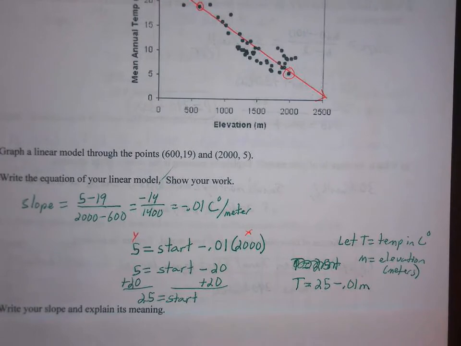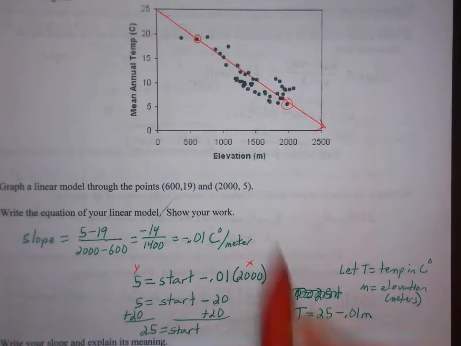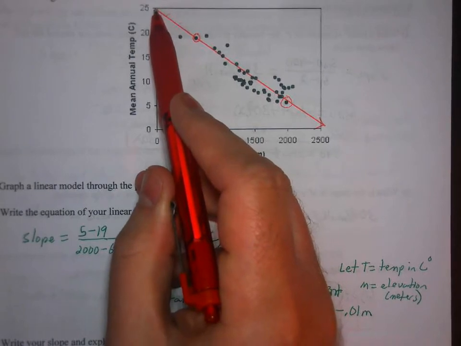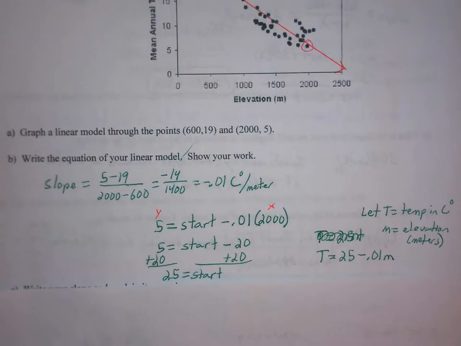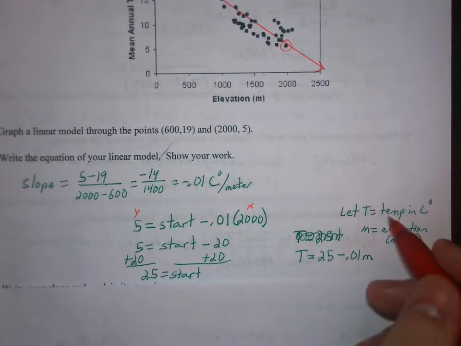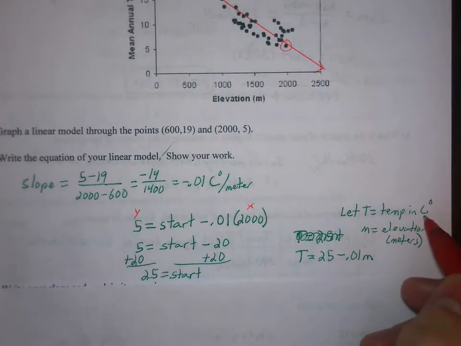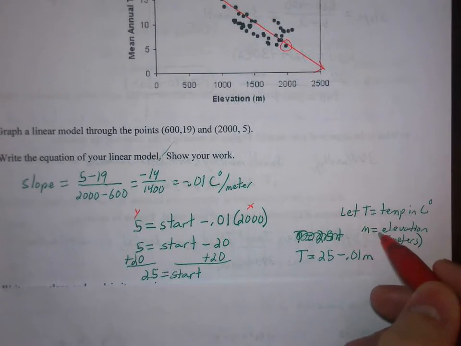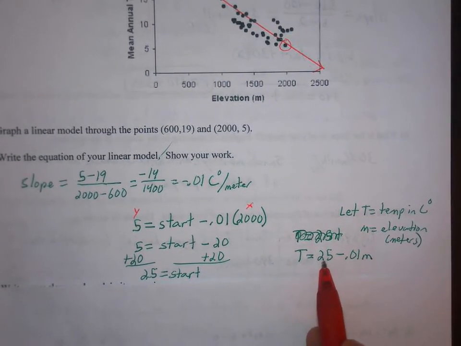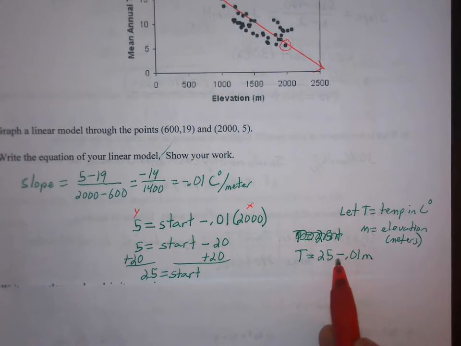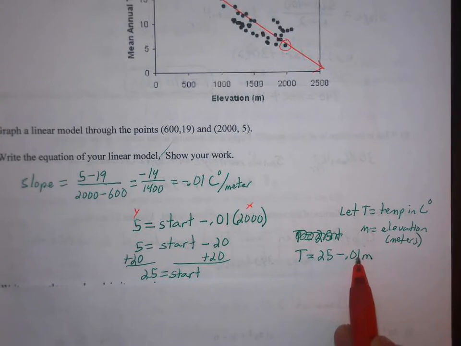Add that to each side and notice we get 25, which is what we thought it would be based on our model. We're close to 25. Okay, and then make sure we define our variables. We're letting T represent the temperature and M represent the elevation. So the temperature is starting at 25 and then decreasing by 0.01 degrees every meter.